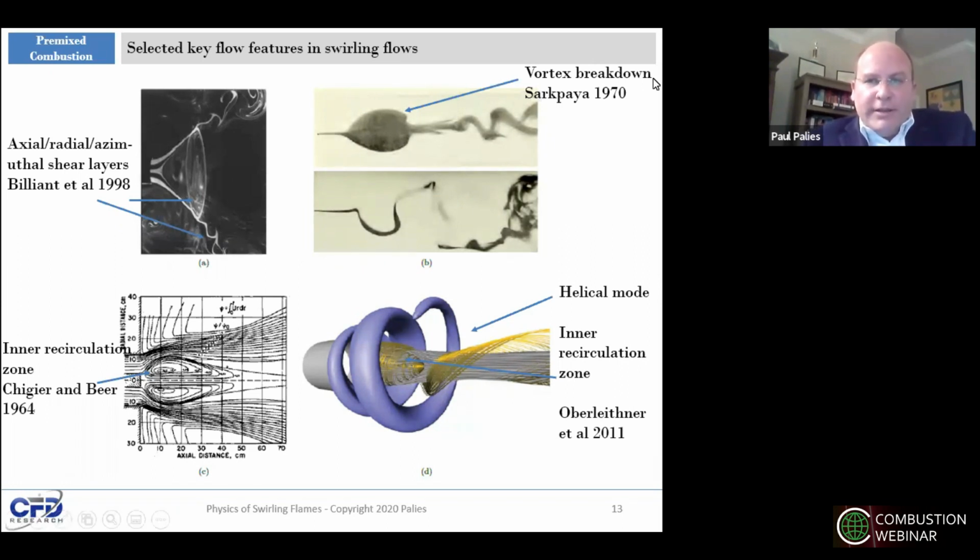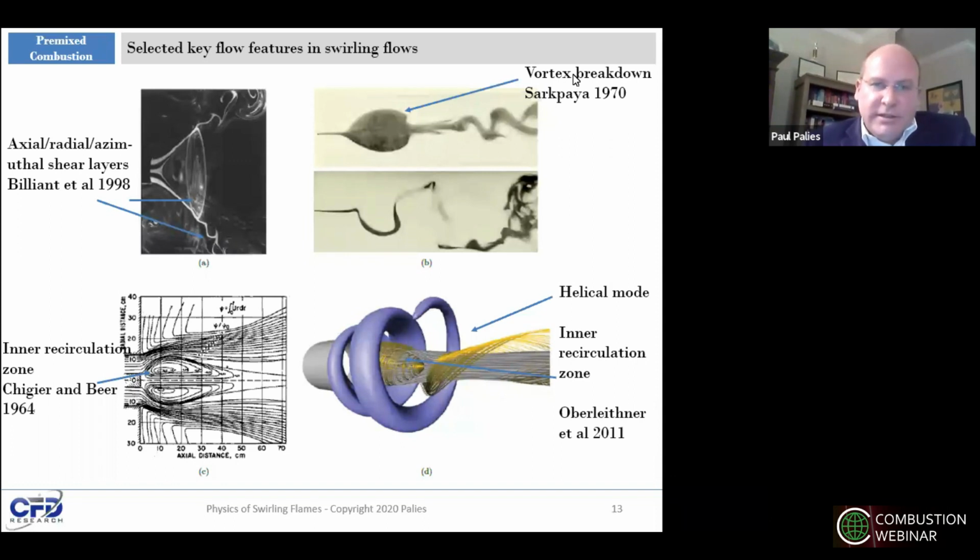On the top right, you can see the vortex breakdown defined and identified by Sarpkaya, where you can see the bubble mode, which is the axisymmetric mode where the flow recirculates due to the vortex breakdown.